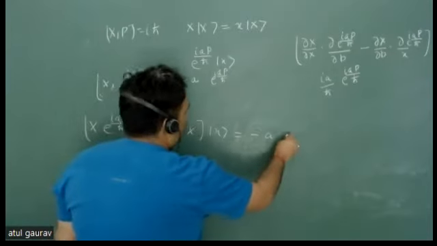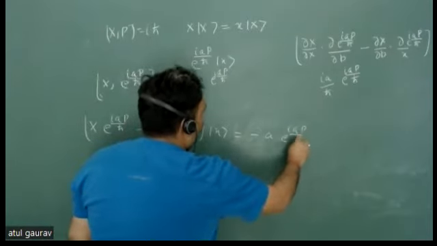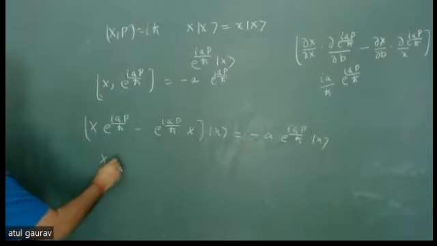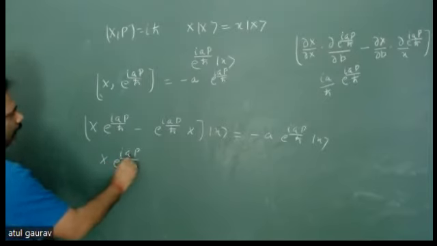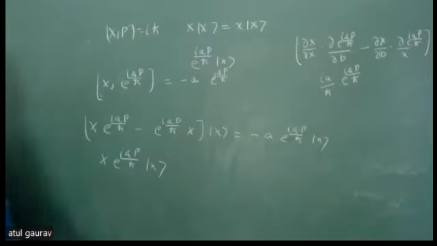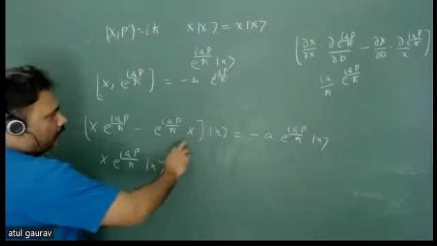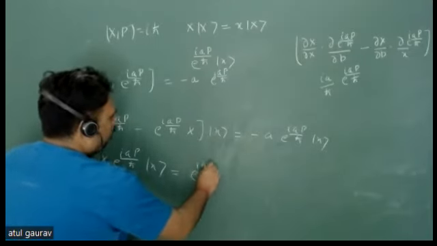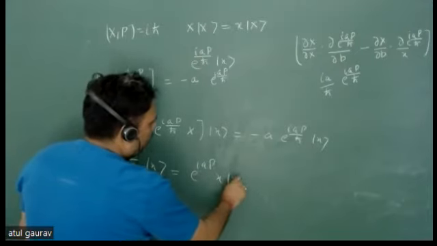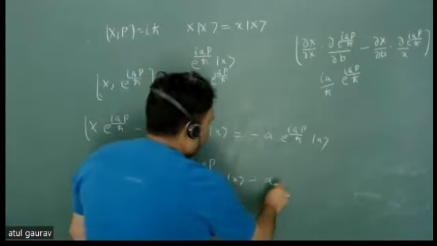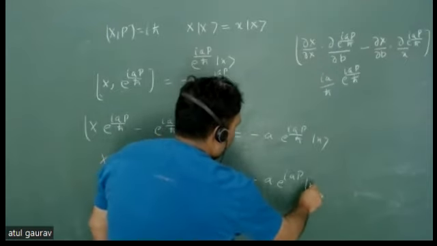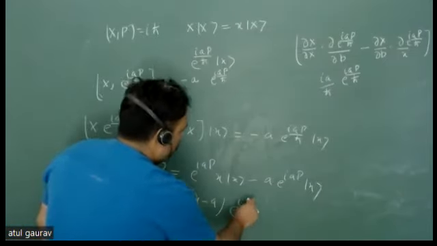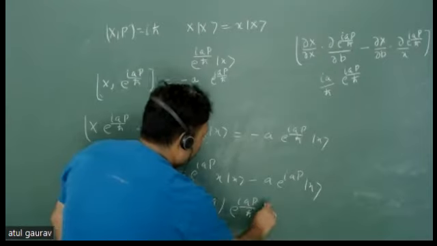So this will be minus a e to the power i a p upon h cut x ket, and here this thing is x e to the power i a p upon h cut x ket, and this thing is just x will operate on this one. So what will happen? E to the power i a p x x ket minus a e to the power i a p x ket, and what will be the value? x minus a e to the power i a p upon h cut x ket.